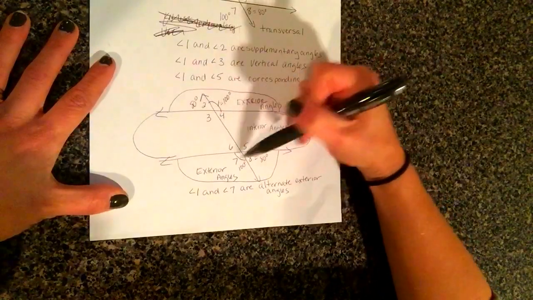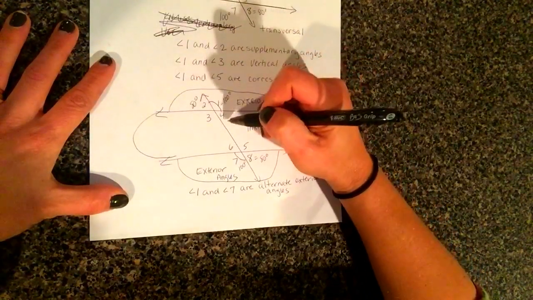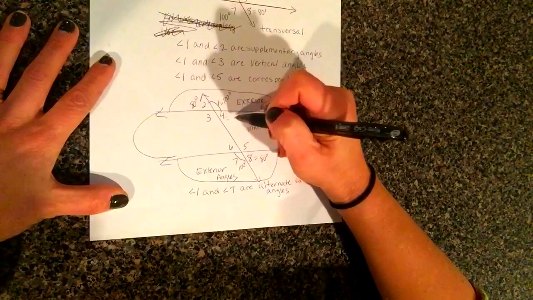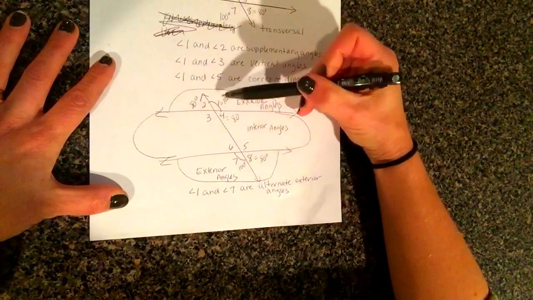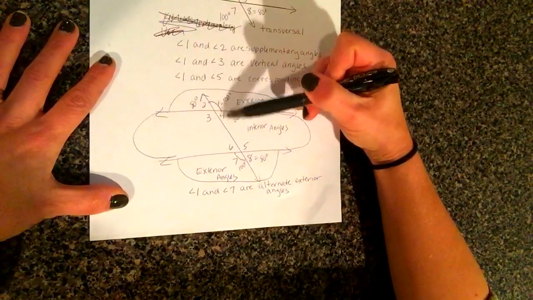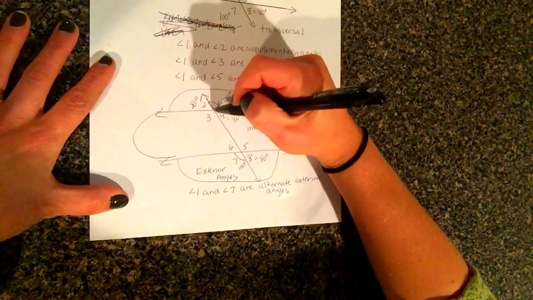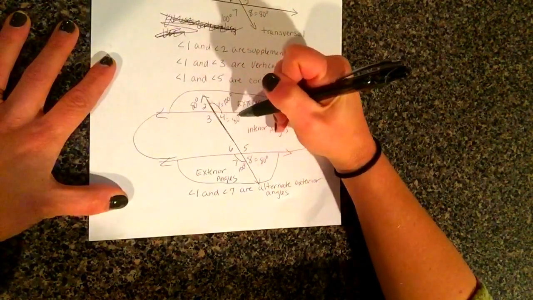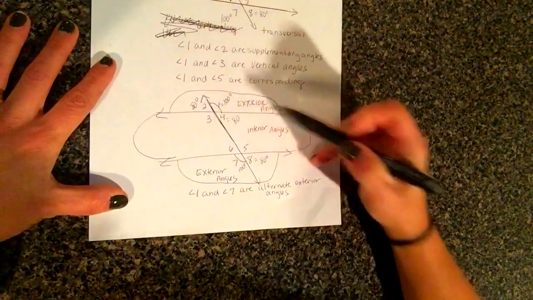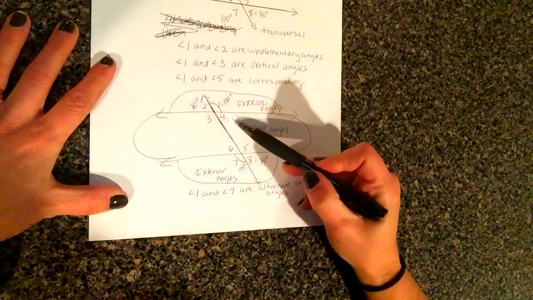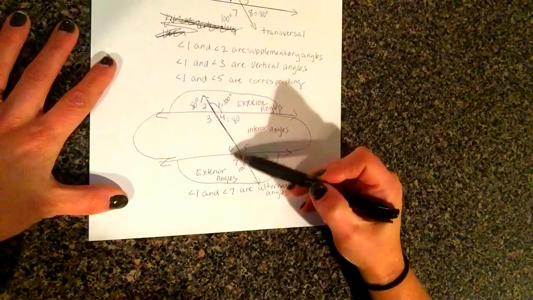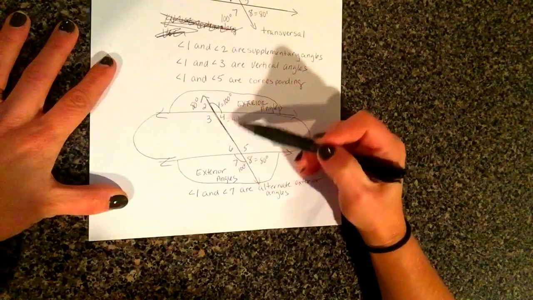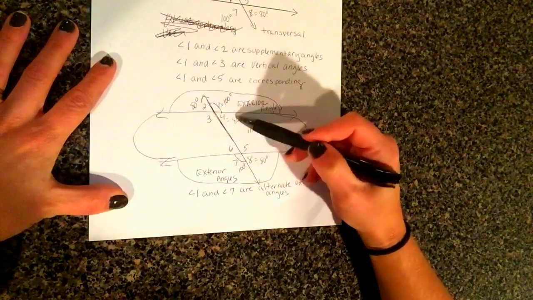Now let's look at the interior angles. What do we know about those? Well, we know angle 4 is 80 degrees because notice these two angles, 1 and 4, are on this transversal line, so they're supplementary. And then we know that 80 and angle 6 are also the same because they're on alternate sides of the transversal.